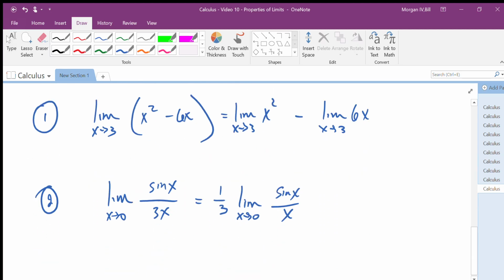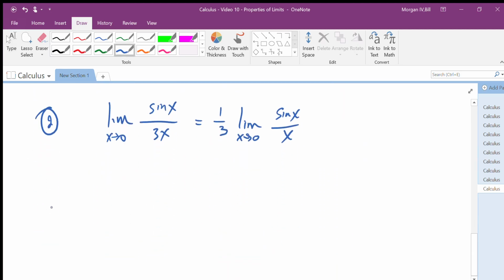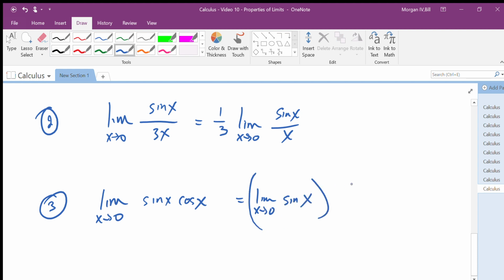We'll see that in an example that might look something like this: the limit as x approaches 0 of sine x cosine x. You can instead separate that and make that the limit as x goes to 0 of sine x times the limit as x goes to 0 of cosine x.